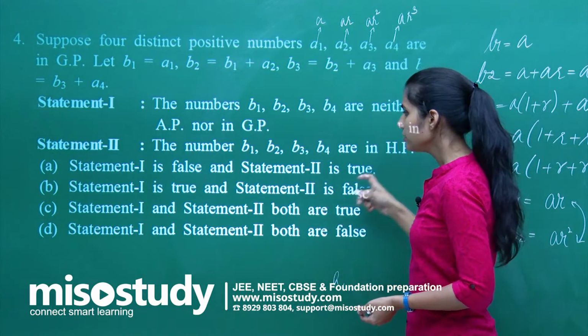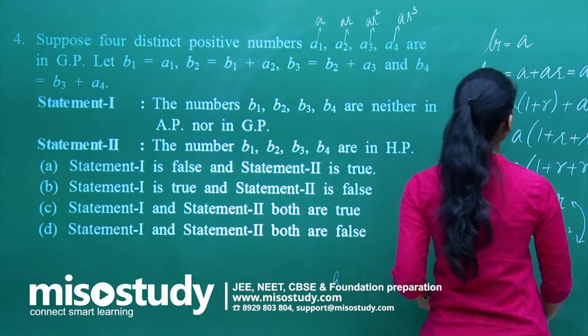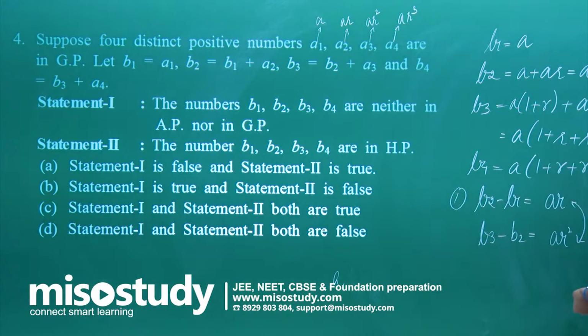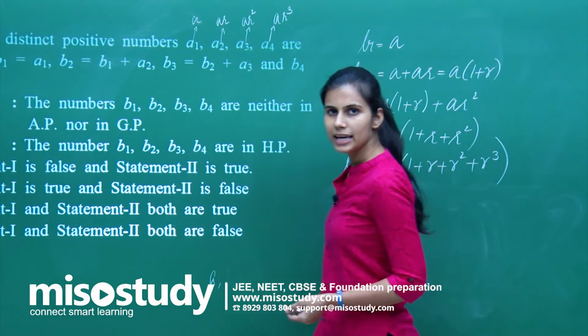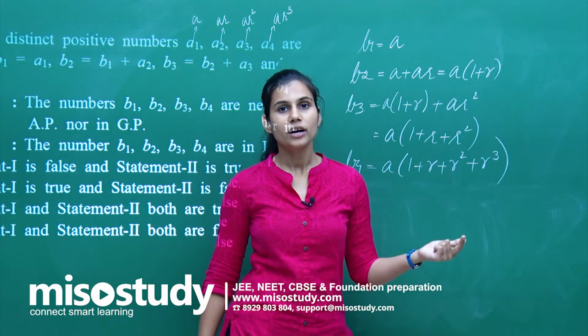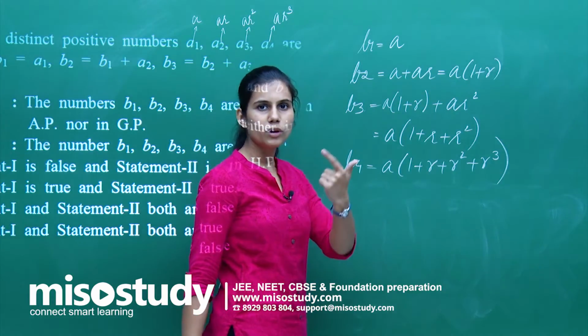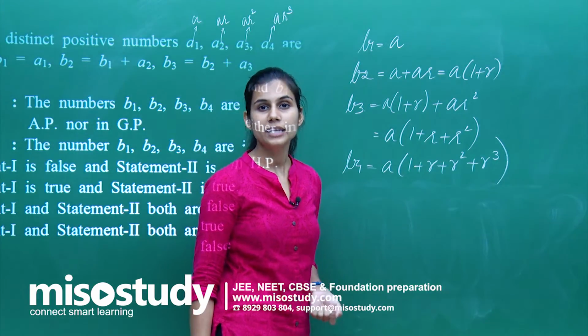Are they in HP or not? So for HP, what do you check basically? That the reciprocals should be in AP. So are B1, B2, B3, B4 in HP or not? That means are 1 by B1, 1 by B2, 1 by B3, 1 by B4 in AP or not?